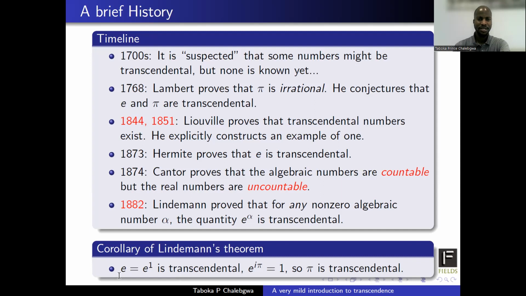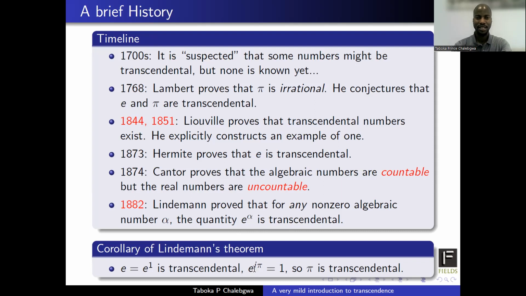But the result is also powerful in the sense that it allows us to immediately deduce that pi is a transcendental number by taking the contrapositive of Lindemann's theorem. Lindemann says that for any non-zero algebraic number alpha, e to the alpha is transcendental, which is equivalent to saying if e to the alpha is algebraic, then alpha is either transcendental or 0.